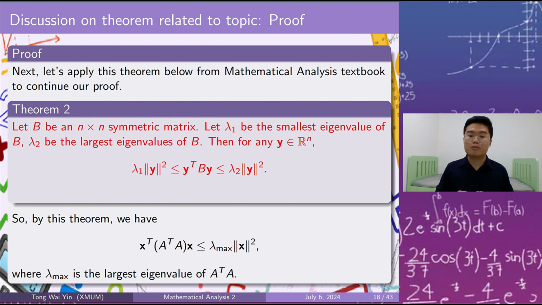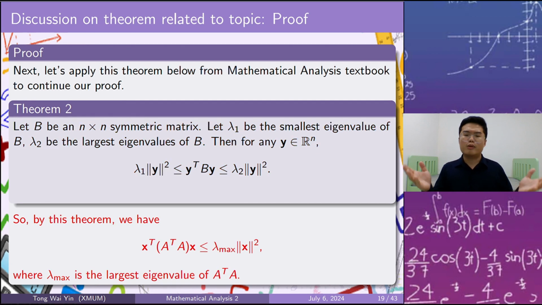And y transpose multiplied by matrix B multiplied by y will also be less than or equal to lambda 2 multiplied by the squared norm of y. So by this theorem, we have x transpose multiplied by A transpose times A multiplied by x must be smaller than or equal to lambda max multiplied by the squared norm of x, where this lambda max is the largest eigenvalue of A transpose times A.